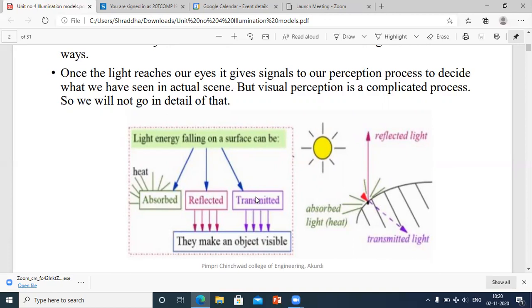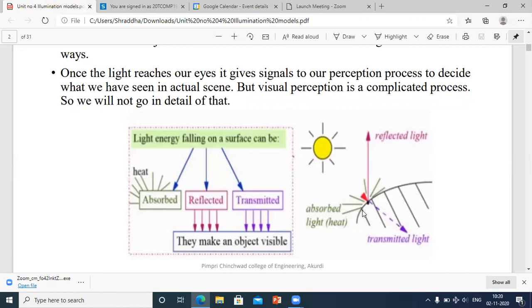Now to the right side, you can see there is the sun. When the sun rays fall on the ground or on a surface, they are absorbed. The surfaces that absorb the light produce heat.